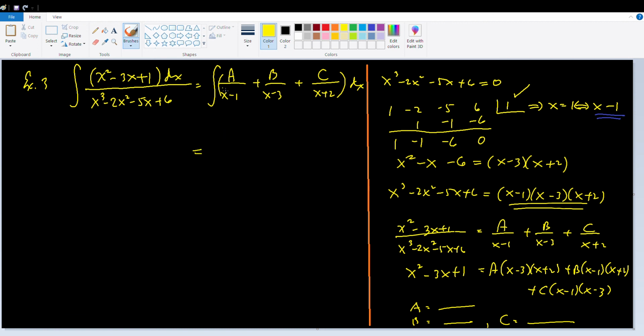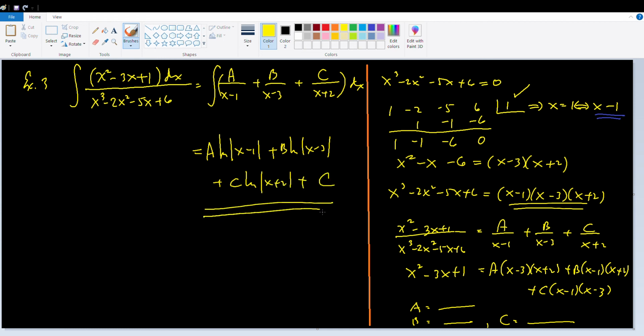So whatever the values of a, b, and c are, your answer here will be a ln of x minus 1 plus b ln of x minus 3 plus c ln of x plus 2 plus the constant C. So it's a job for you to solve for a, b, and c using any appropriate method which you prefer.